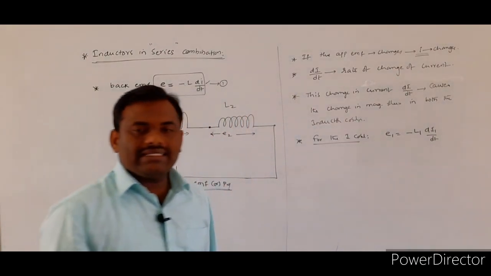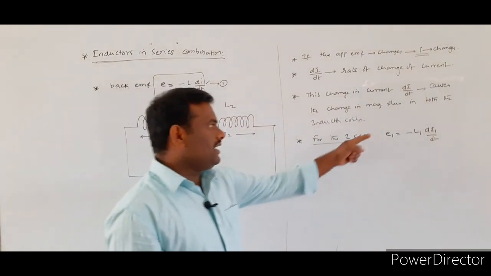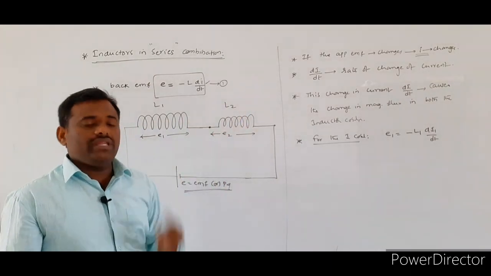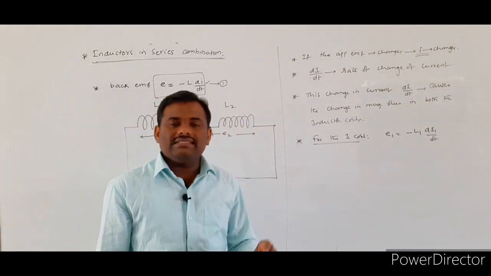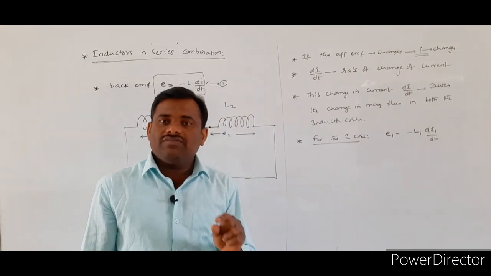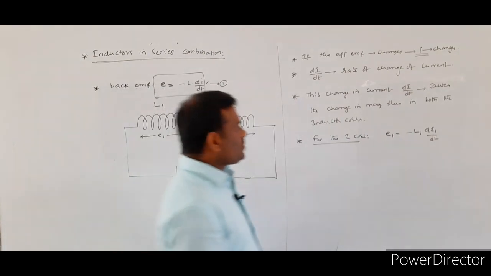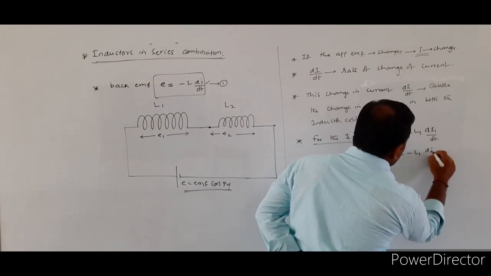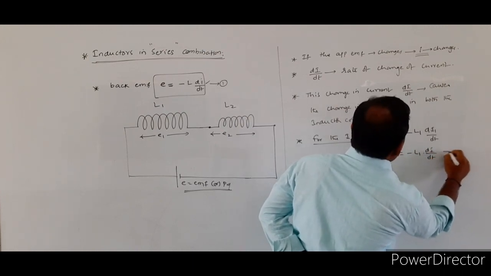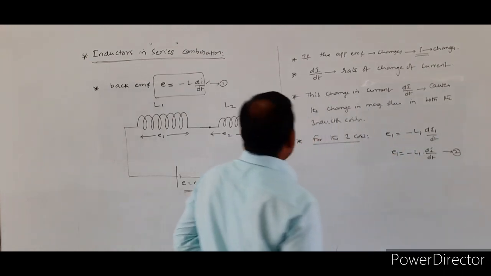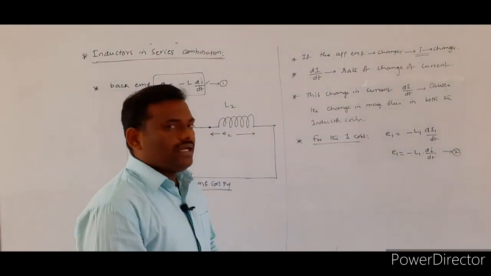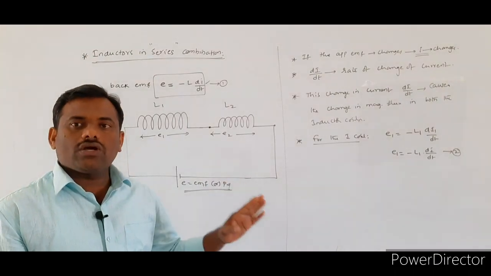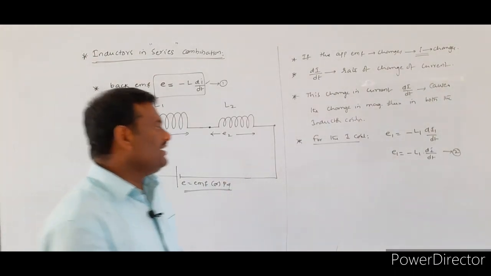Since both coils are present in series combination, the same rate of change of current takes place through both coils. So E1 is equal to minus L1 into di by dt, the induced EMF across the first inductor coil.